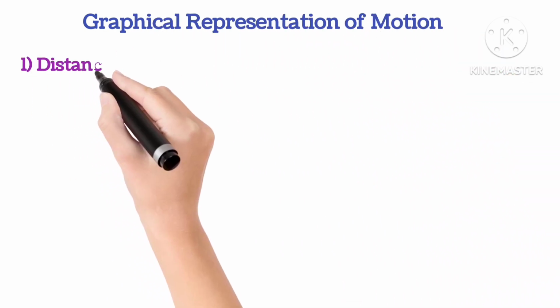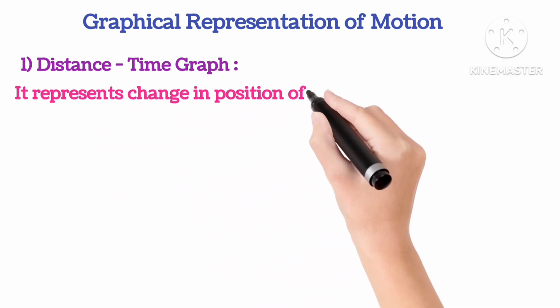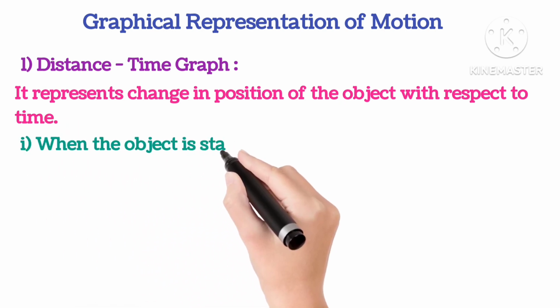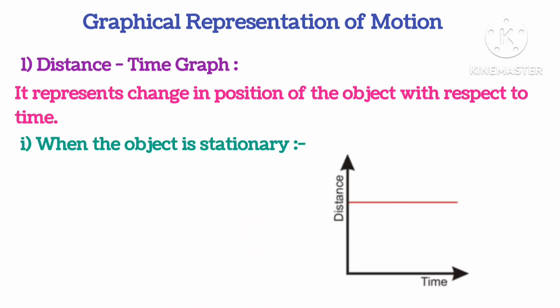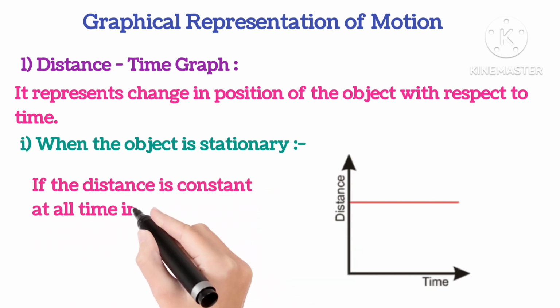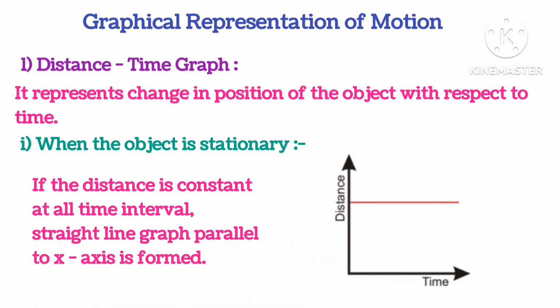Graphical representation of motion. Distance time graph. It represents change in position of an object with respect to time. When the object is in stationary position, as you can see here, the distance is constant at all time intervals, so a straight line graph parallel to the x-axis is formed.